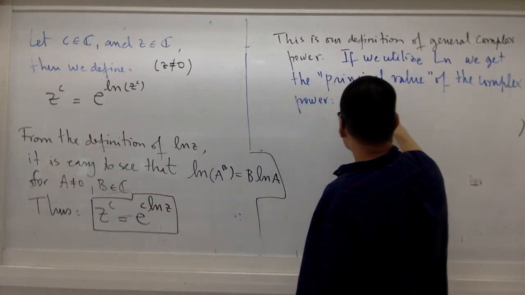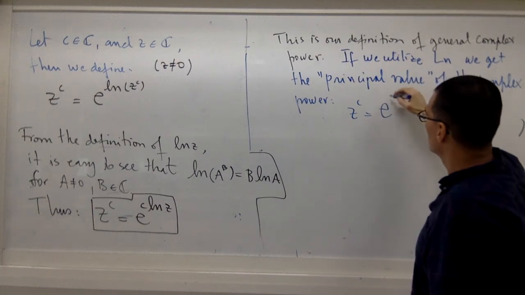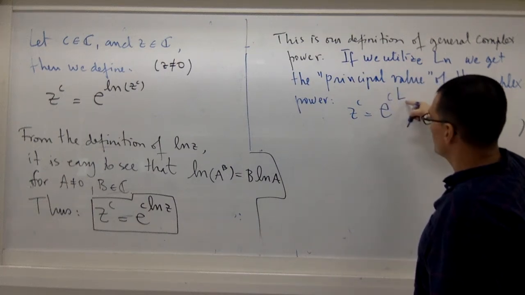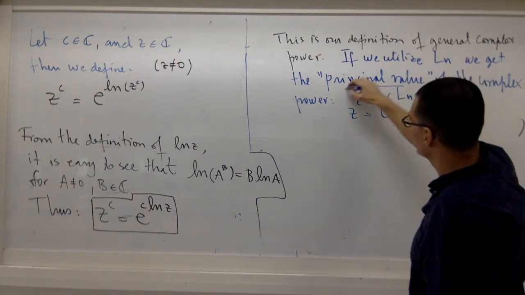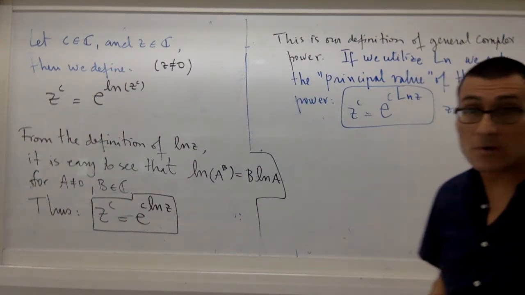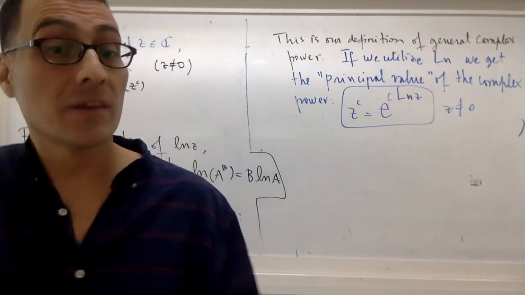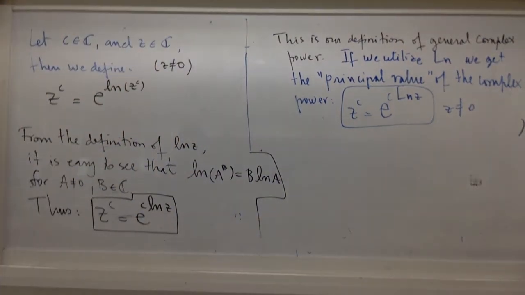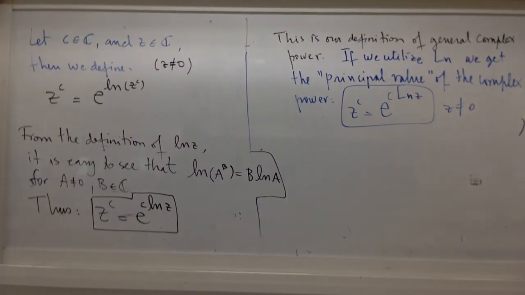So z power c, you have the right here to utilize the complex principal value of the logarithm of z. Okay? And this is valid for z non-zero. Remember, z non-zero because I cannot evaluate the logarithm at any zero number. So that wouldn't be allowed.